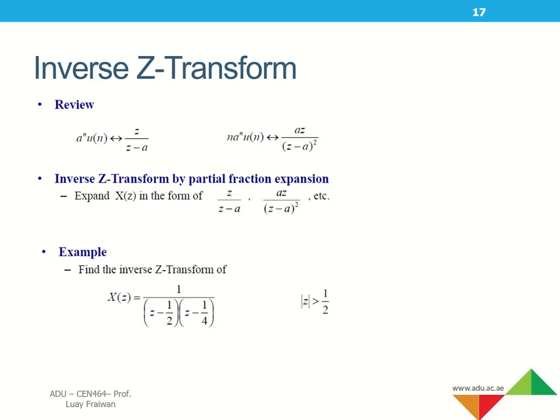If you want to take the inverse z transform, we can use the formula, but using the formula is quite a complex approach. So basically we use two techniques. The first is the inspection based technique: if your z transform looks like a known form, you can find from the table the corresponding sequence in the time domain.